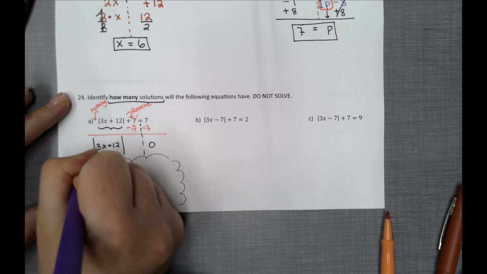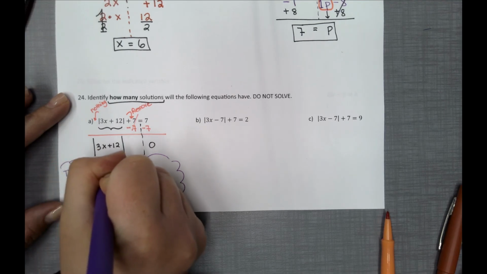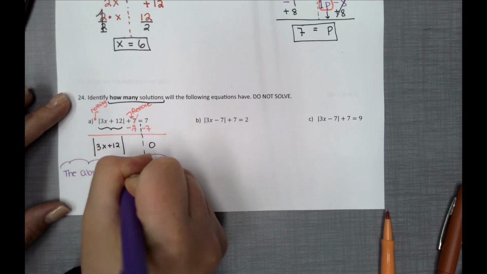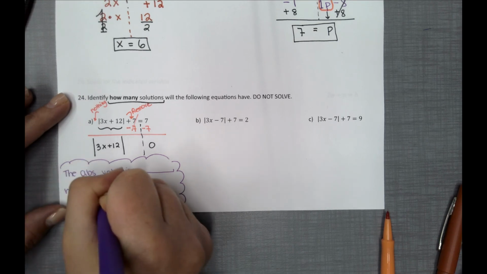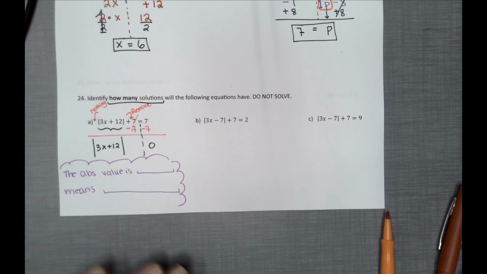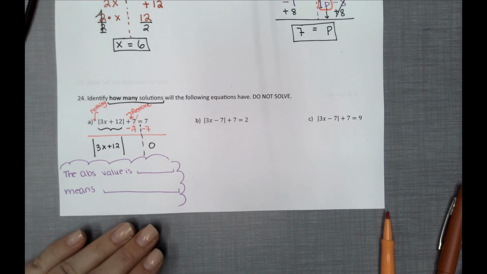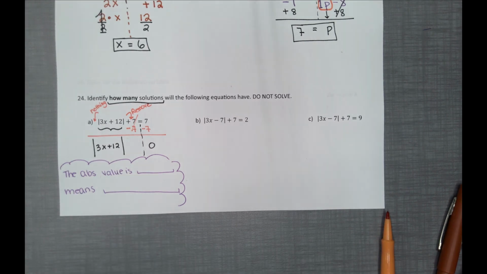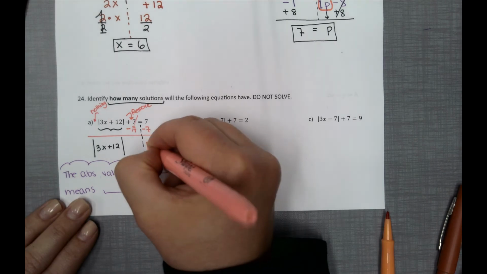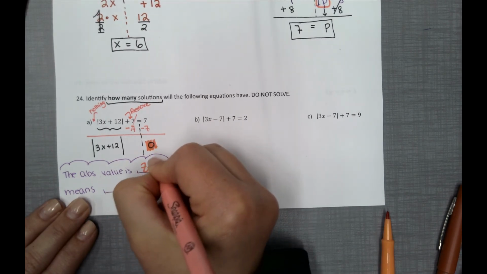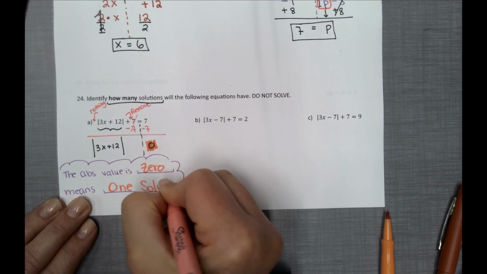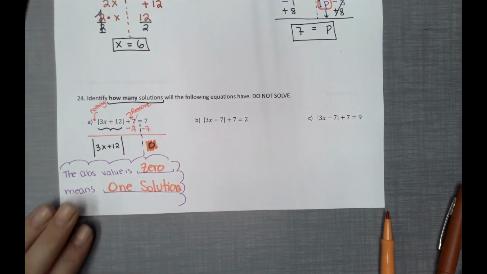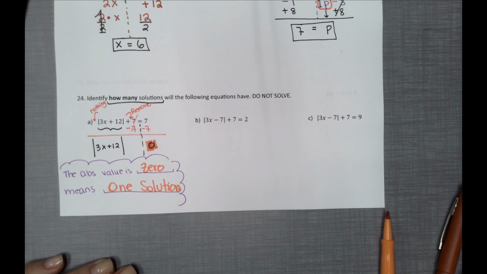The absolute value is blank, which means blank. You're going to do that for every single one of these questions, but let's do it one step at a time. When you see a 0, that means you're going to have one solution. 0 means one solution.